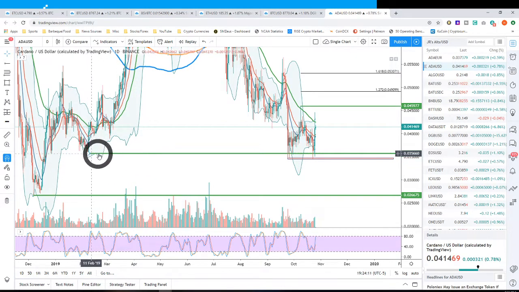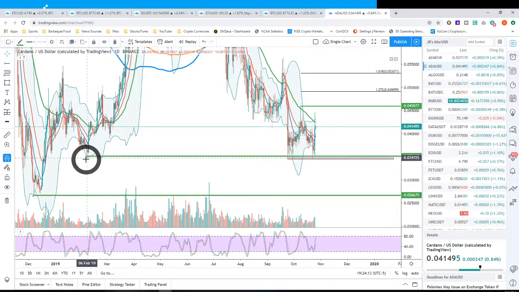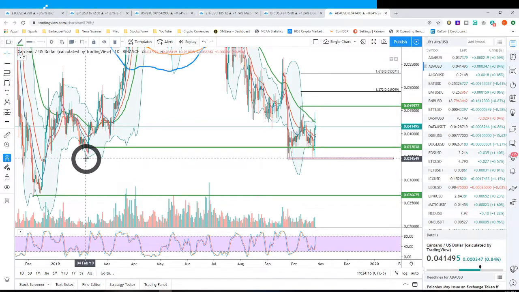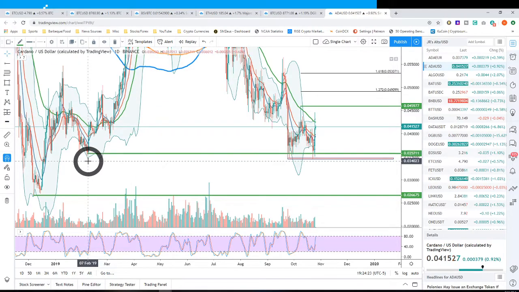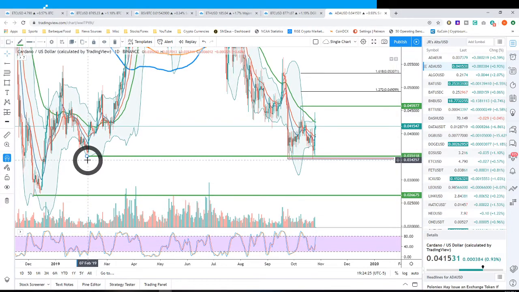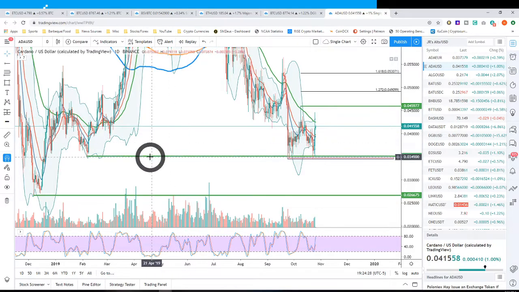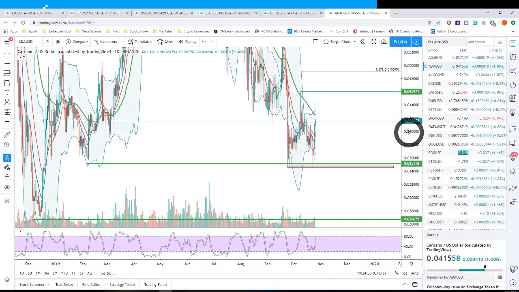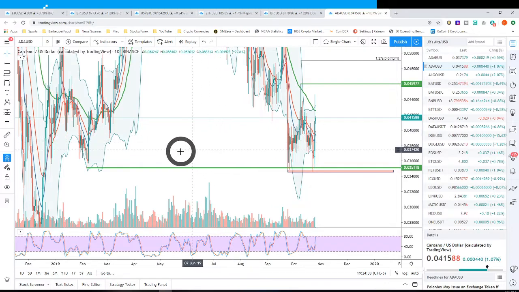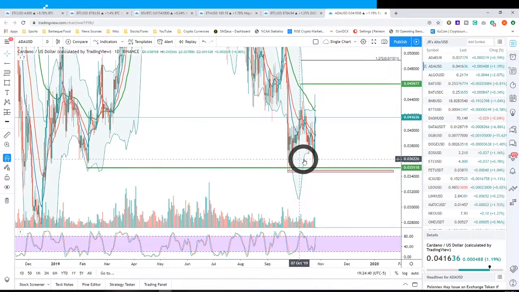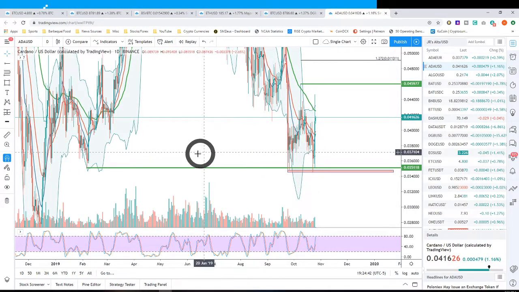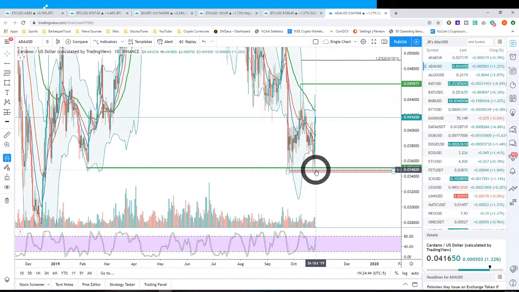And I think did I draw that? I drew that stupid, didn't I? Was that a wick right there I missed? I think I did on ADA. That's my bad. Yeah, there we go. I did. I missed that. My bad. So not only did it hold this support right over here back from early February, 1, 2, that's your key area right there.